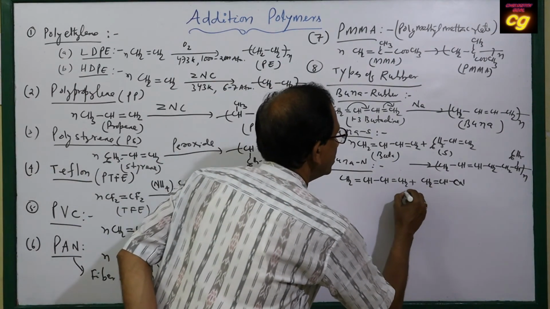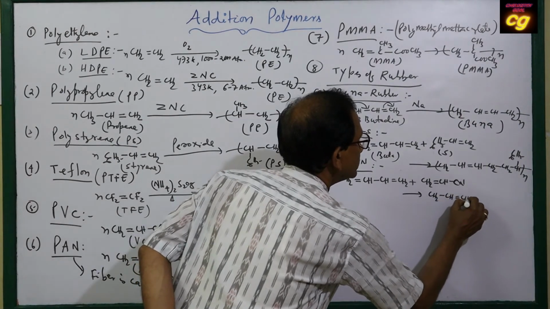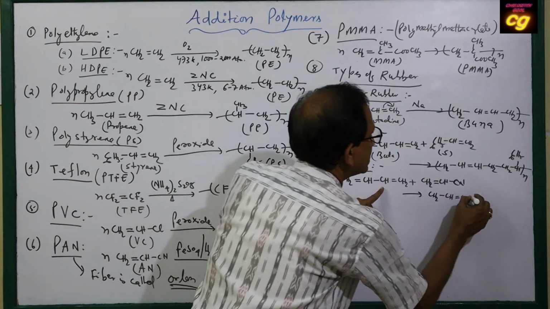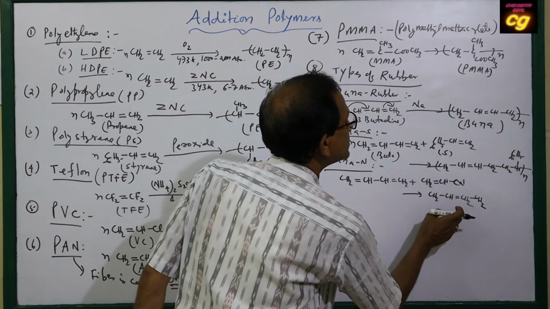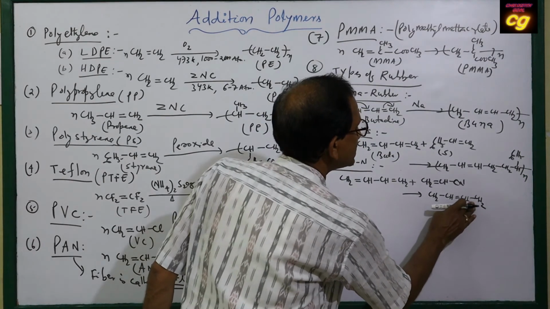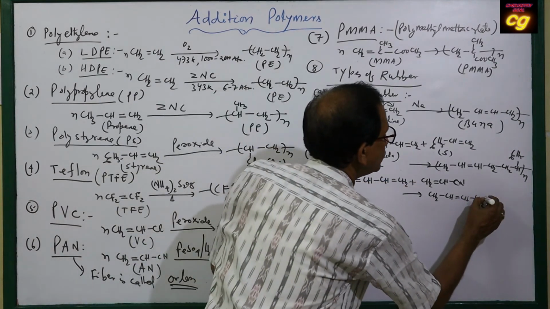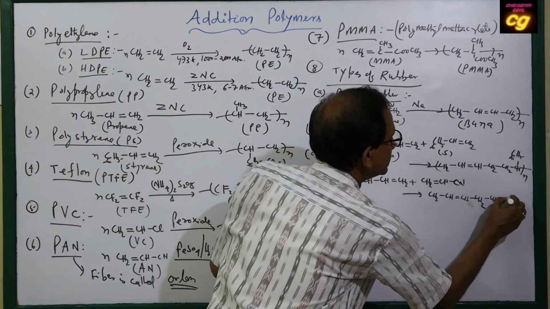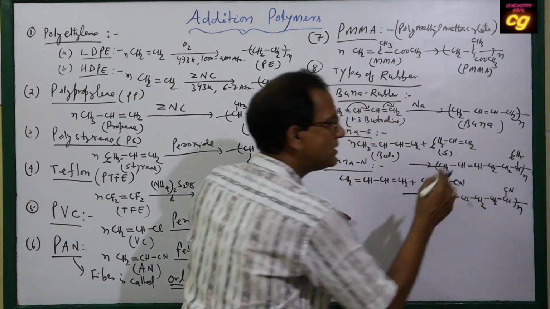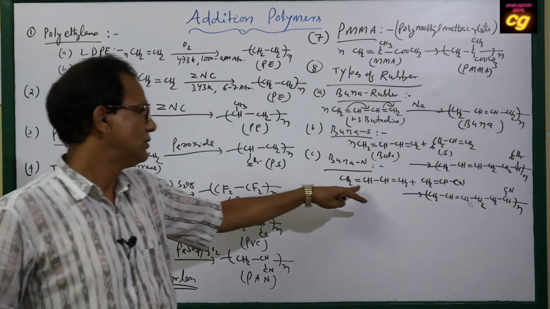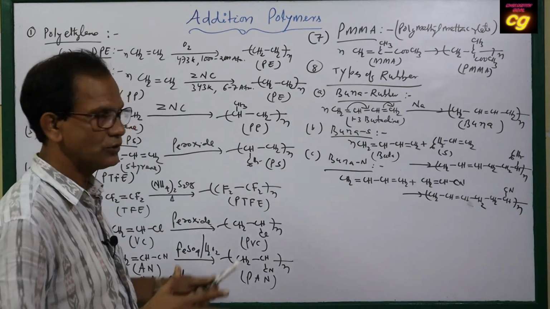Then the product will be CH2, single bond CH, double bond CH, then single bond CH2. Okay, then this part is completed. Then come to CH2, single bond CH, then CN, then whole bracket N. Everything is same, only the double bond converts to single bond and single bond converts to double bond. In this way, two molecules are added.